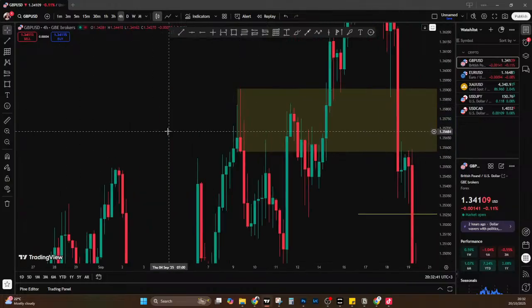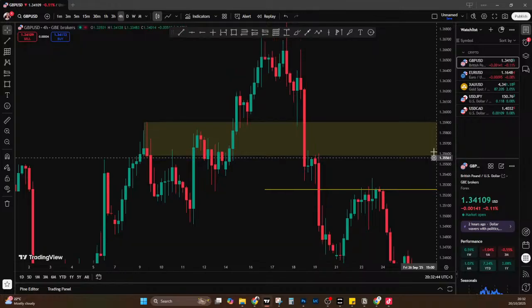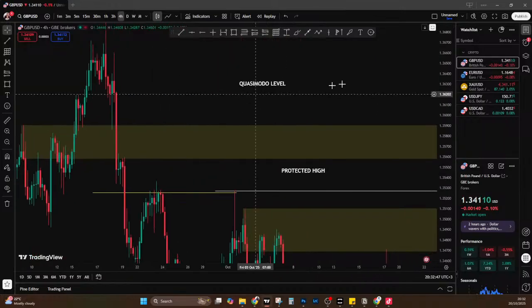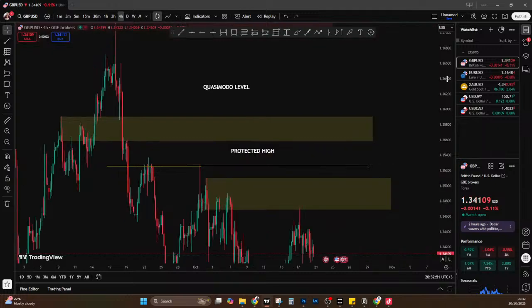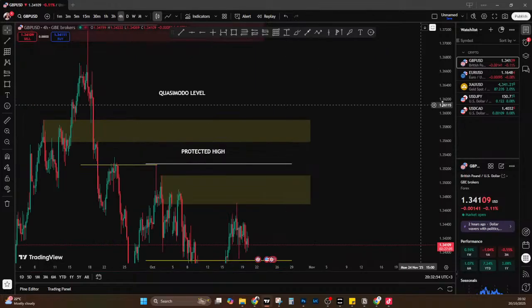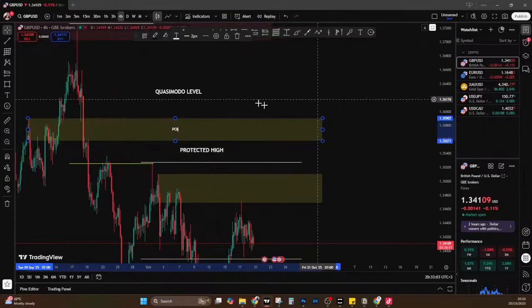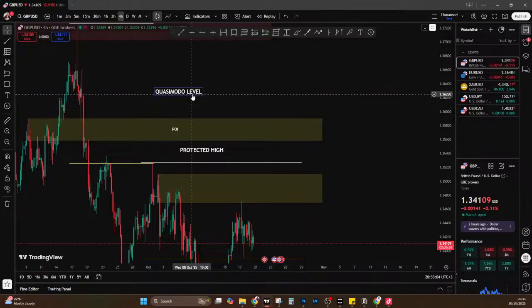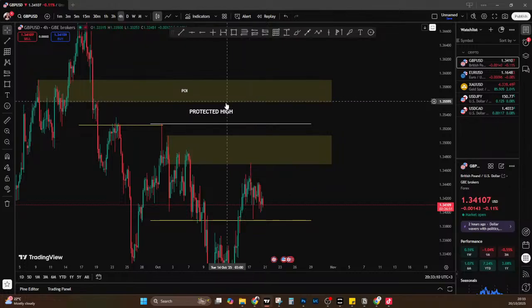That means it's a possibility that this is a POI. There is a possibility that this market will come back here.